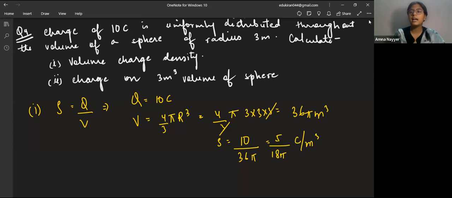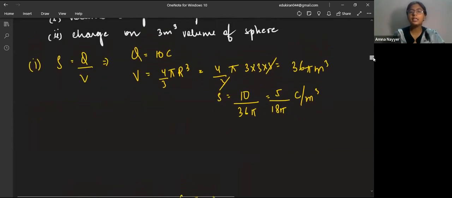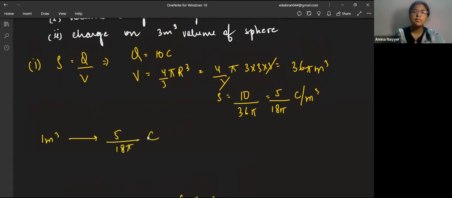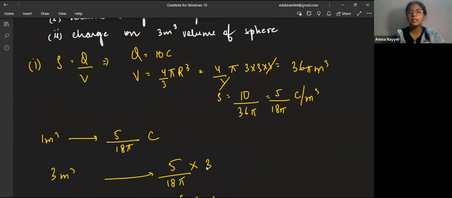So for 1 meter cube we had 5 by 18 pi coulomb. How much is asked? For 3 meter cube, this will be 5 by 18 pi multiplied by 3. So the 3 gets cancelled, and here we get 6. So 5 by 6 pi coulomb.